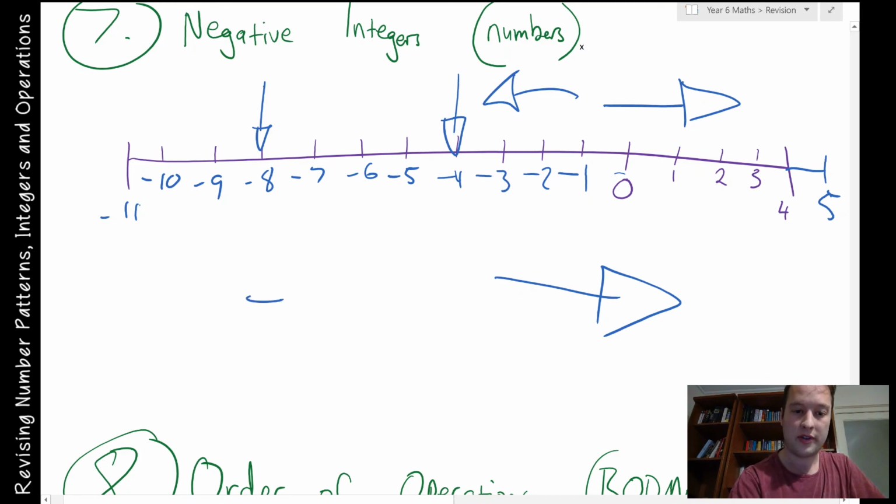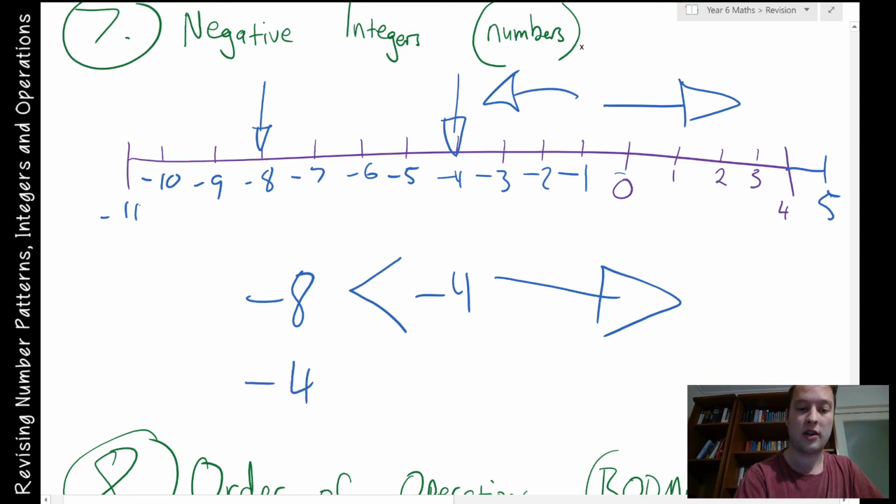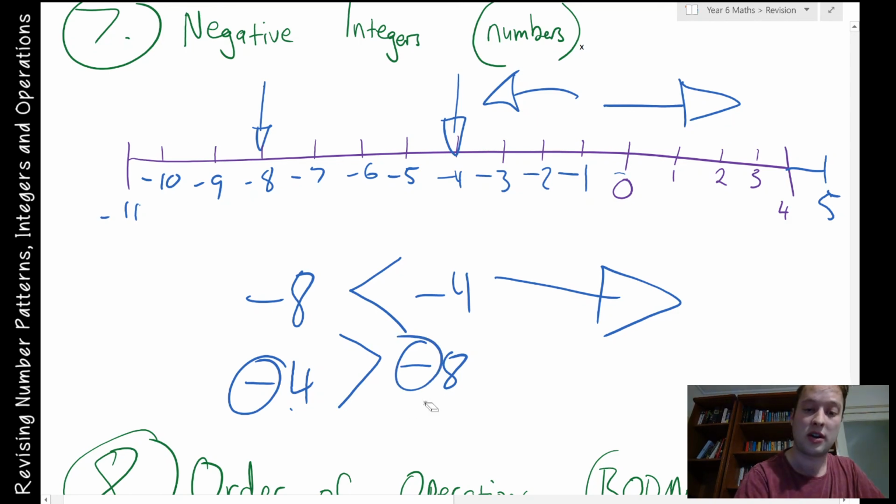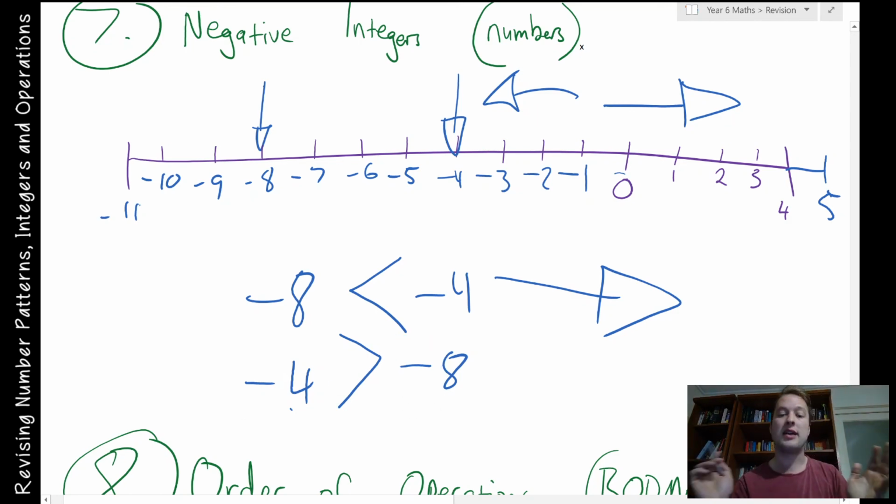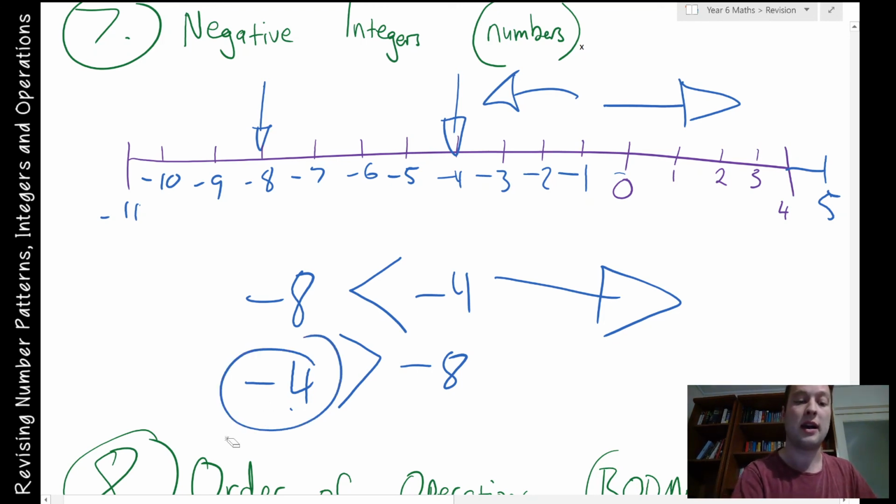So if I said -8 is less than -4, or I'd have to say -4 is greater than -8. So just because 4 is smaller than 8 doesn't mean that it's a smaller number. Because of this negative, you've got to really picture it in this number line idea to help you understand it. To say, yes, -4 actually is bigger.